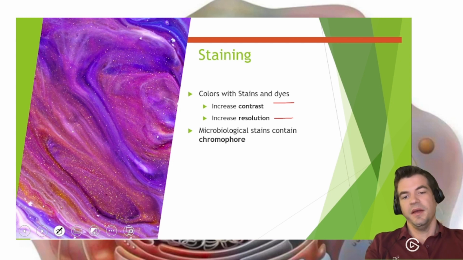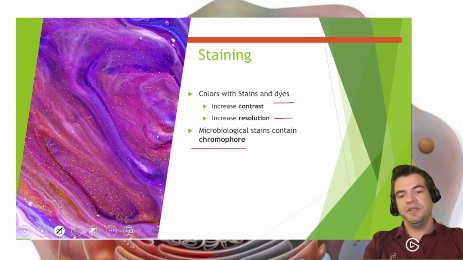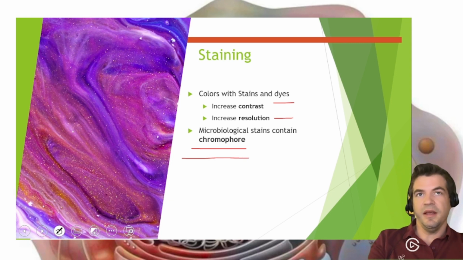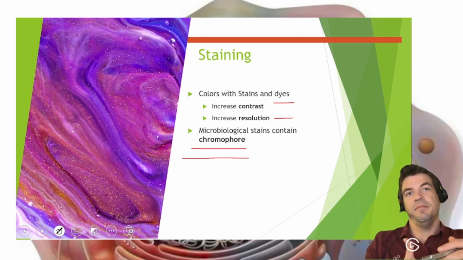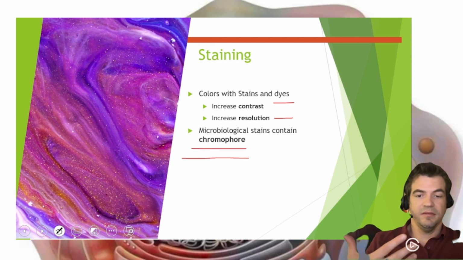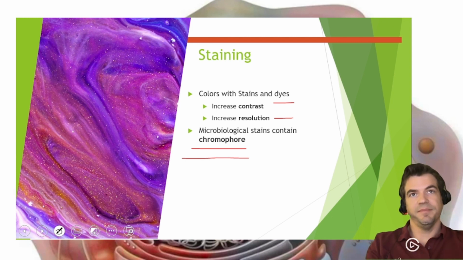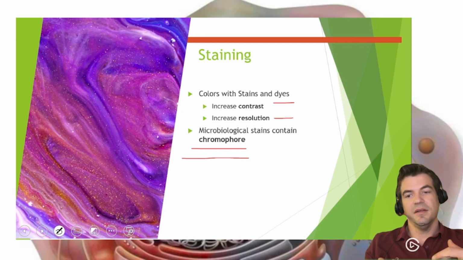The reason stains work is because they contain a chromophore. You will probably want to remember that: chromo meaning color and phore meaning light, basically. So light and color is how you see it.